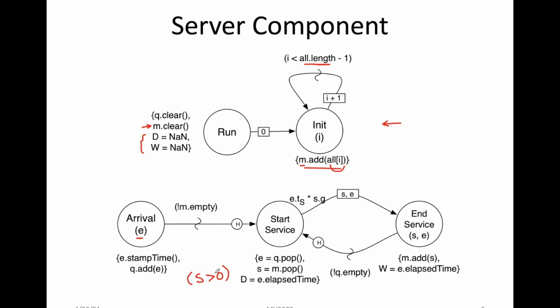So what's the corresponding thing to S bigger than 0? Well, that the container M is not empty. If the container M is not empty, that means there's at least one server object in that container M.